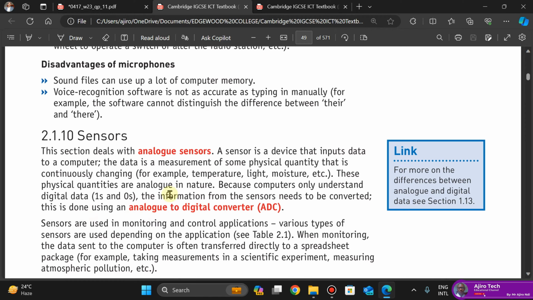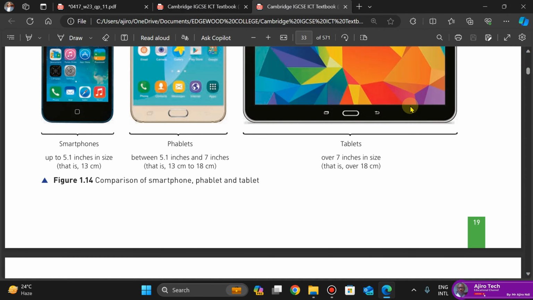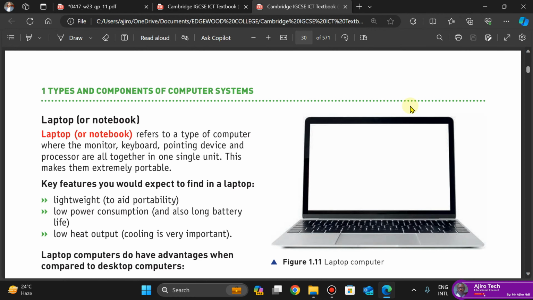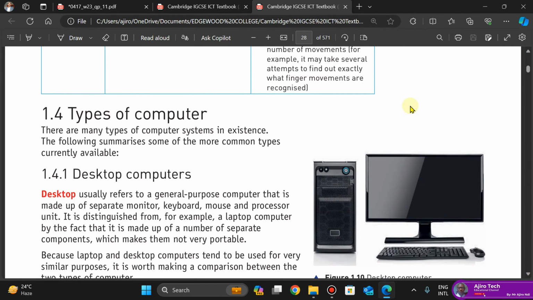This is done using an analog to digital converter. A sensor is a device that inputs data to a computer. This data is the measurement of some physical quantity that is continuously changing. Making reference to chapter 1, under types and components of the computer system, you're going to see digital and analog data right here. These two are so linked.